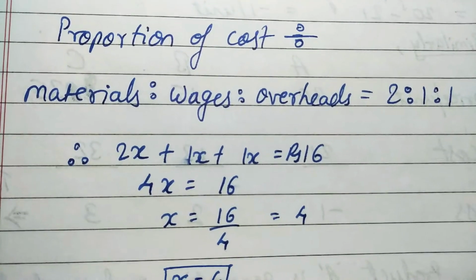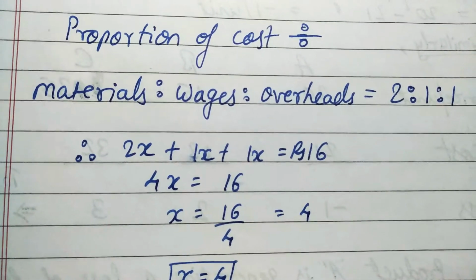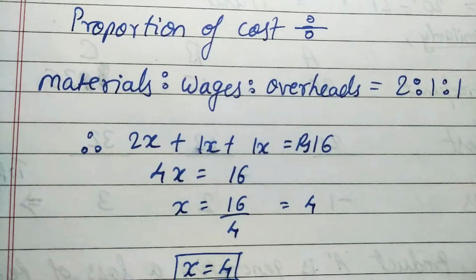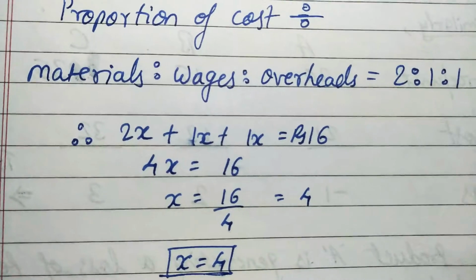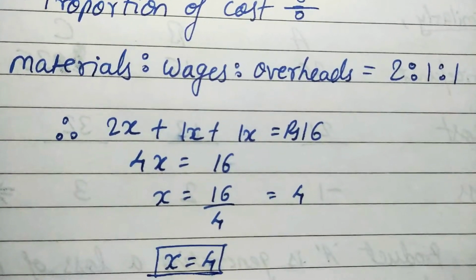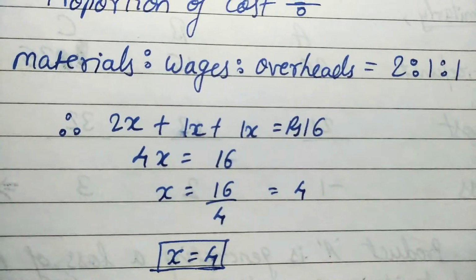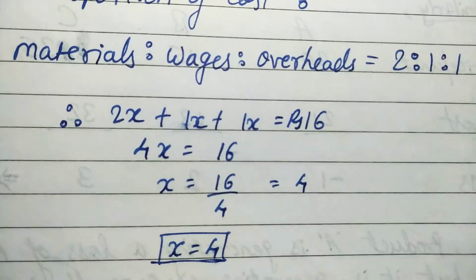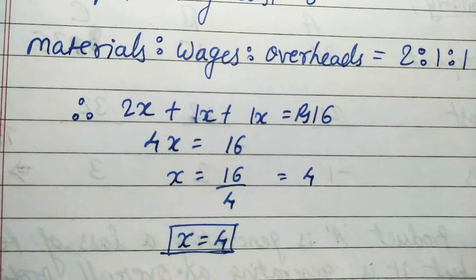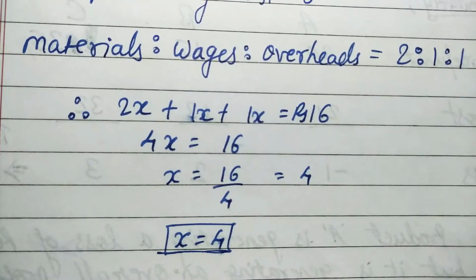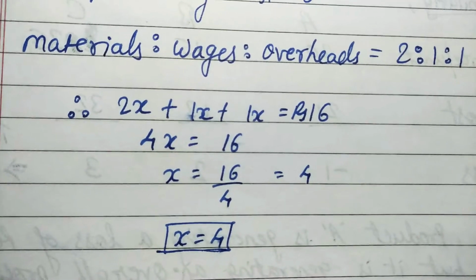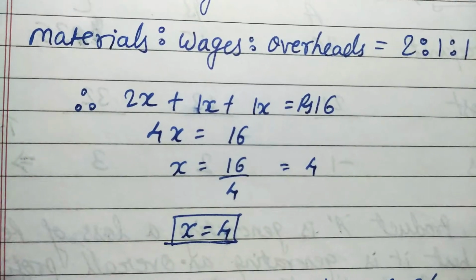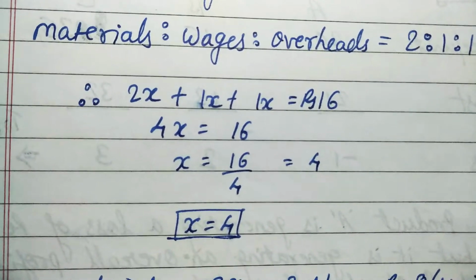So 2x plus 1x plus 1x is equal to 16, because x is the common multiple. So 2 plus 1 plus 1 is 4, 4x is equal to 16. The 4 goes to the other side, and x is equal to 16 upon 4, that is 4.